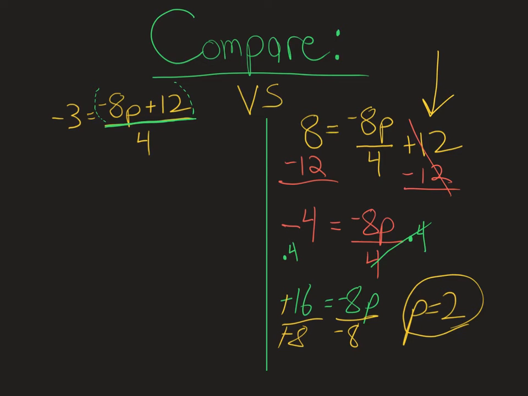So the 4 in the first problem was only dividing the negative 8p. That's it. So we could cancel the plus 12 and then move to the other piece. But now on the left, that 4 is dividing the negative 8p and it's dividing a 12. So they're locked together. This is really like an example of reverse distributing. The 4 is distributing its division to both of those terms. It's like they're locked up in parenthesis prison again.